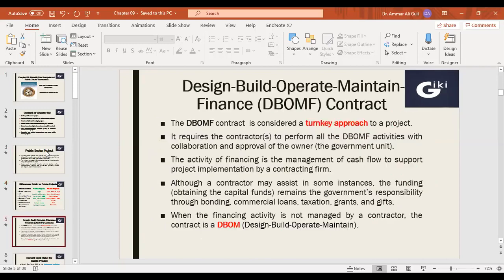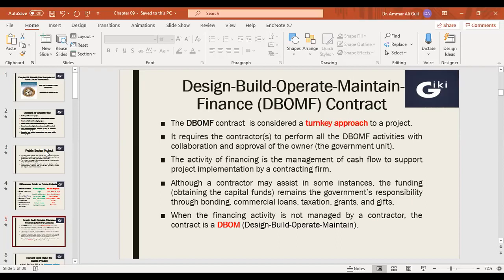Then we defined what we mean by DBOMF contracts. These are design, build, operate, maintain, and finance contracts. In such contracts, the government hires a contractor and makes a contract with him or her to do everything on their own. And once the project is completed, the contractor will hand over the key of the premises to the government, so everything is ready to start the project.